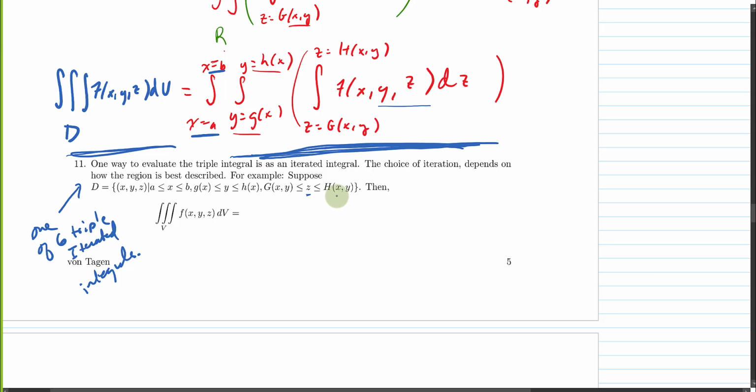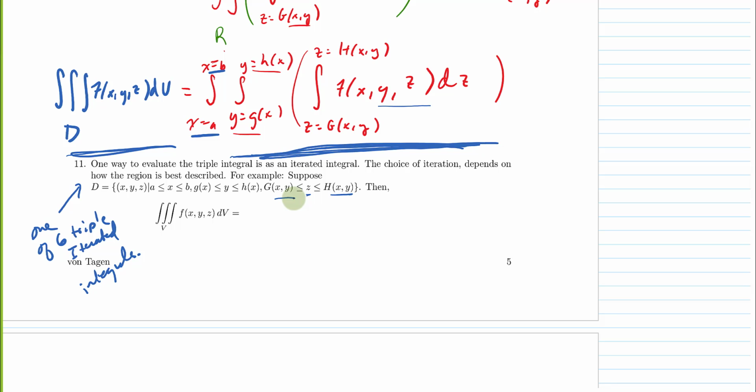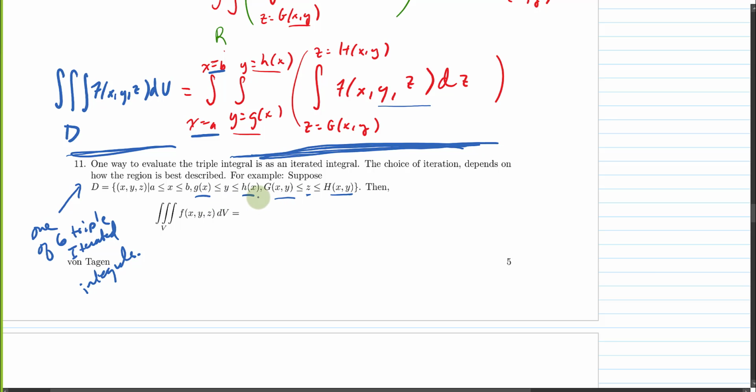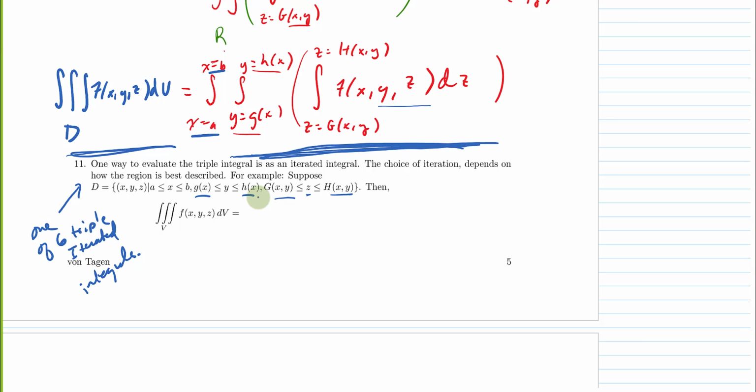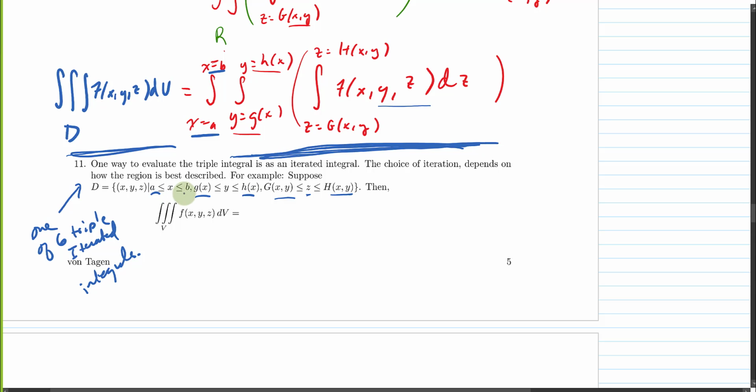You've bounded your z values by some h of x, y and some g of x, y. That makes it the one that you're going to use as your innermost of the iterated integrals. And then your y is bounded by some function of x above and below. So that makes the candidate for your middle integral. And then your x is bounded by just real numbers.